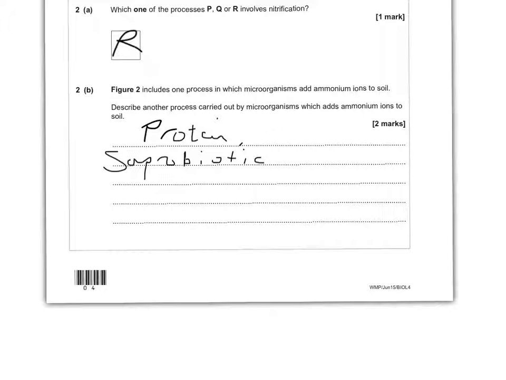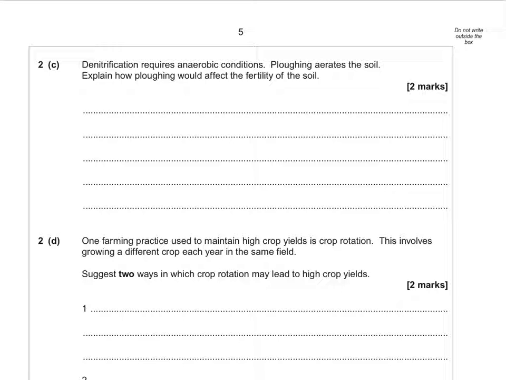In the examiner report they talk about the fact that people knew it was a saprobiotic microorganism, but many missed the second part, which was referring to the breakdown of a named nitrogen containing compound such as protein, simply referring to dead organic matter or feces, and some limited their answers by talking about nitrogen fixation or denitrification.